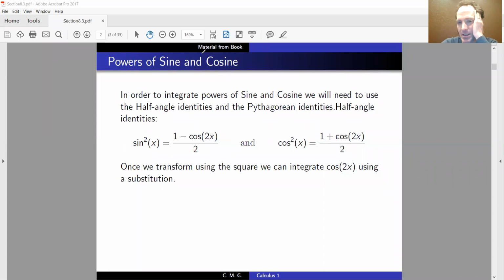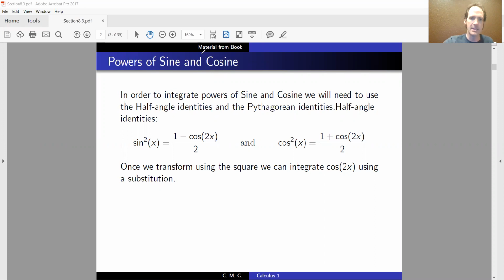Now I've got a cosine squared of 2x in there. Then I apply the half angle formula again, this time with cosine squared of 2x, and it becomes 4x on the inside, and I continually do this until I'm left with no more squares in my integration. So this works out pretty well if I've just got squares throughout, and that's the idea.